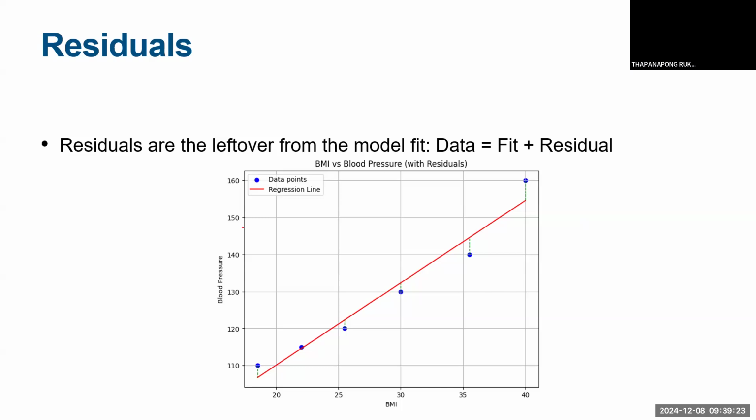It's basically the leftover from the model fit. You have your model line, and then you measure the difference from the line to the point. So we can write the relationship as the data equal to the fit, the red line, plus the residual, the green line.